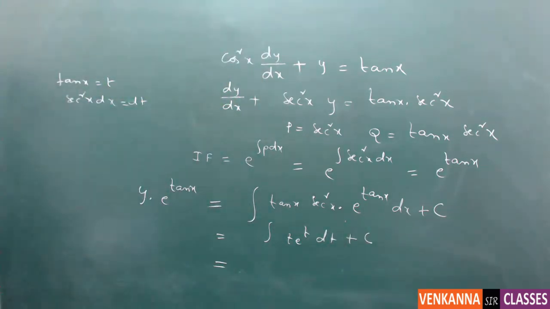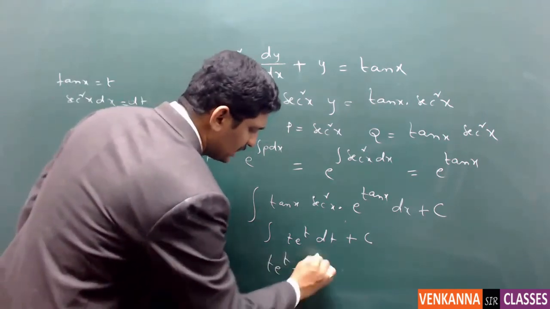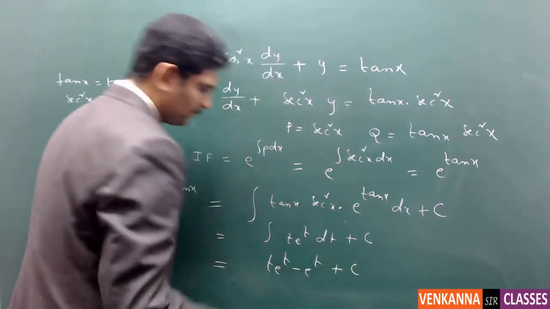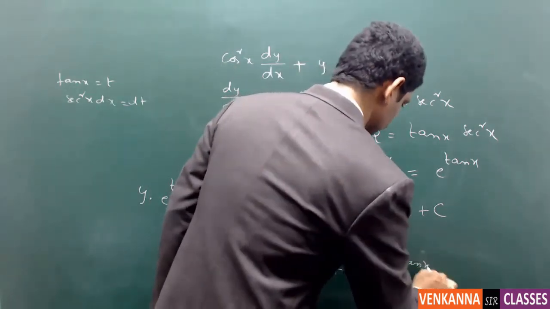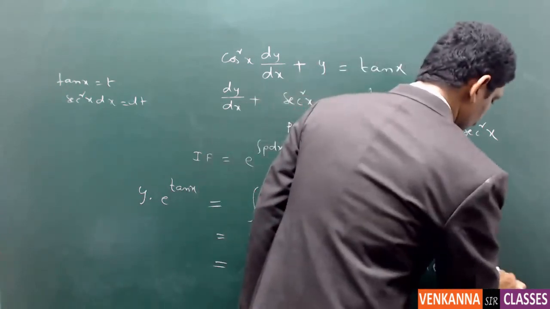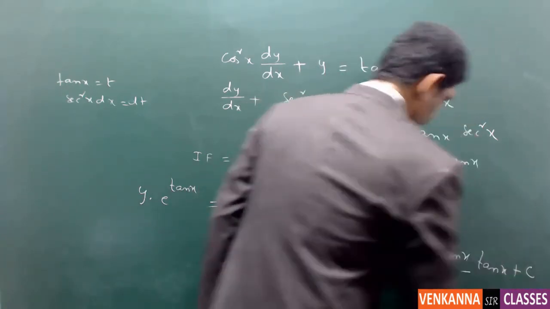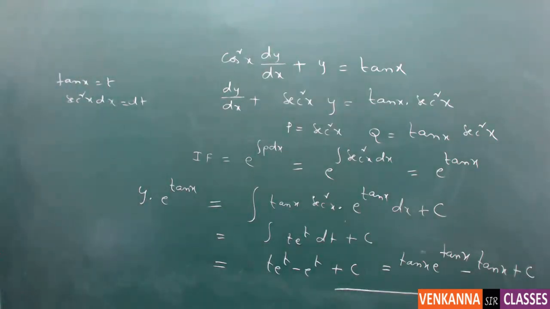And you know the formula for this one, it is t e power t minus e power t plus c equals, so that is the general solution. So you can take tan x common also. So e power tan x minus 1 into tan x plus c. That also you can write.